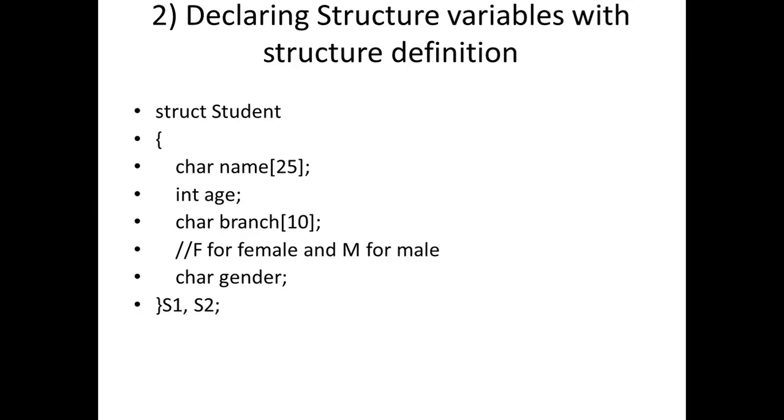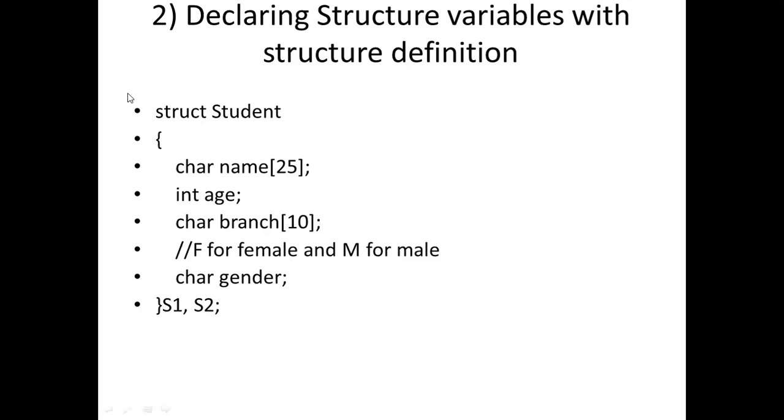In the general form, struct tag name is optional. At the time of definition of the structure, we declare the variables s1 and s2, but later, if you want to declare another variable, it is not possible.